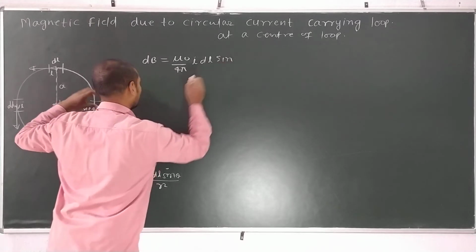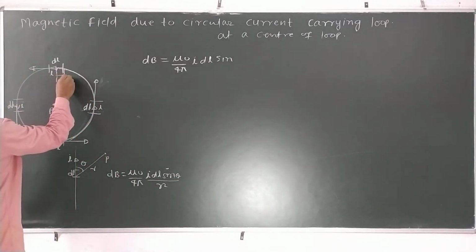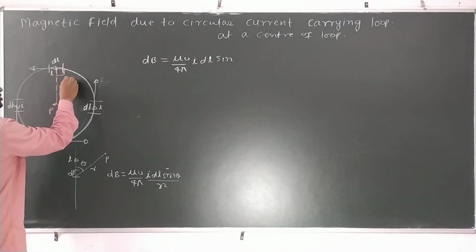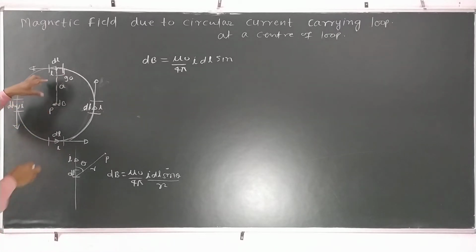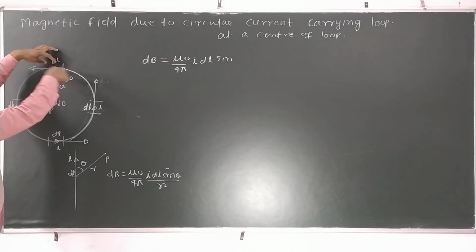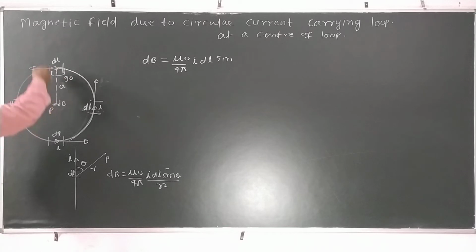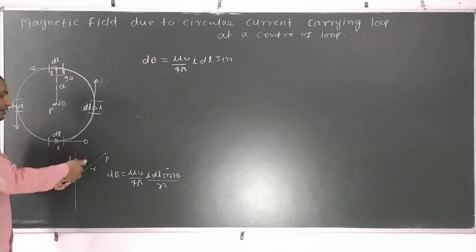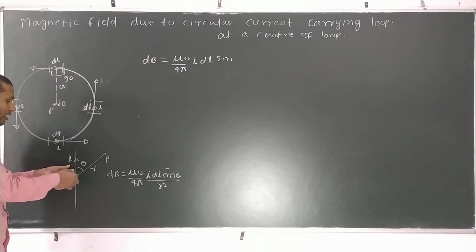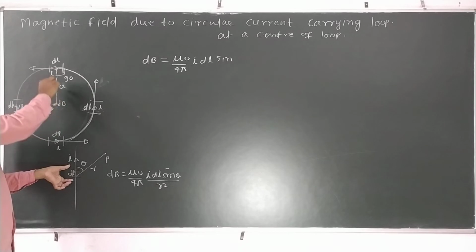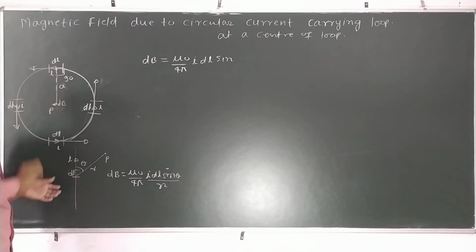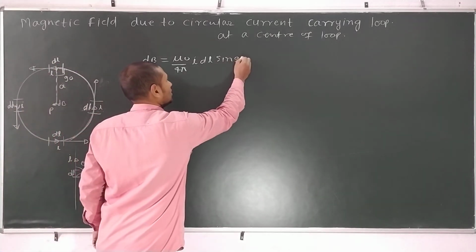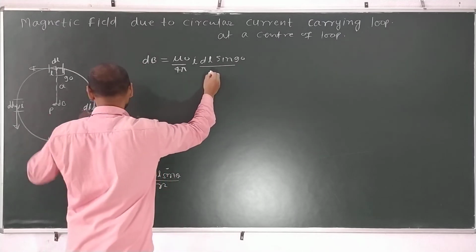What does theta become? Theta becomes 90 degrees, because theta is the angle between dl and r, and here r is a. The direction of dl and a make an angle of 90 degrees, so we can use sine 90 degrees, and r square means a square.